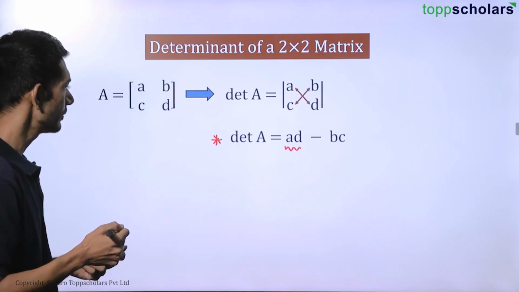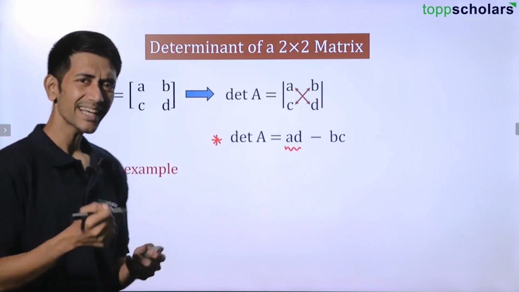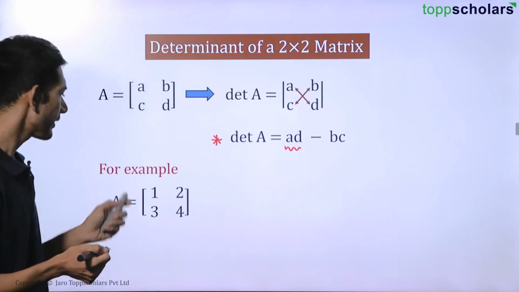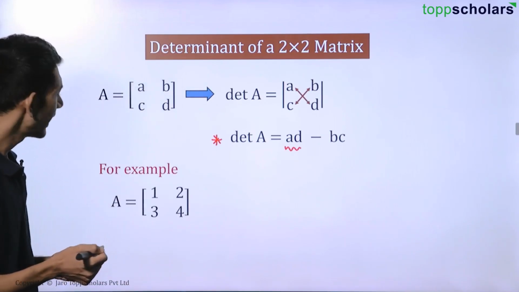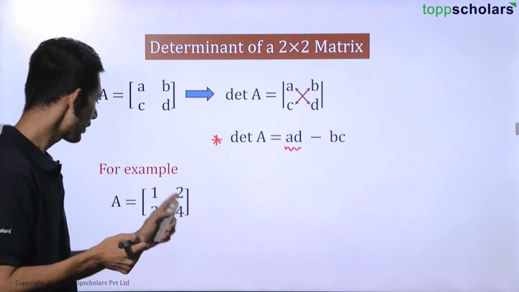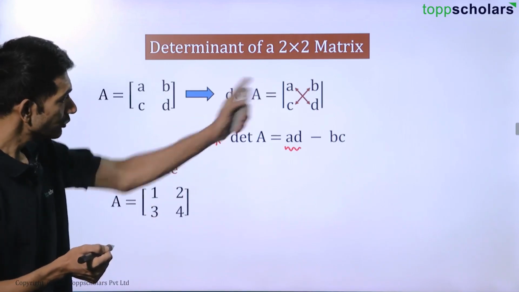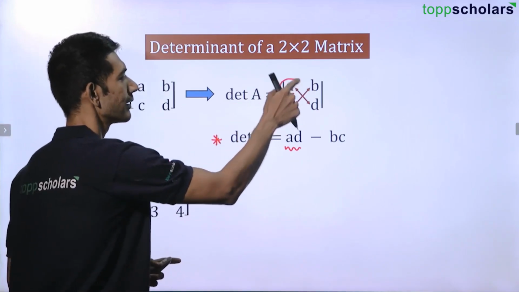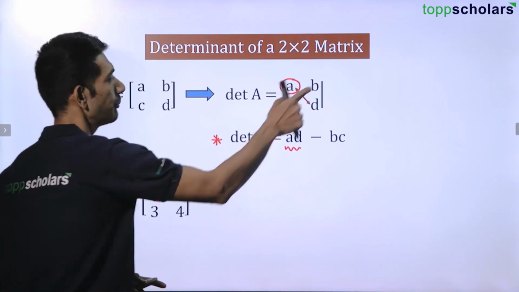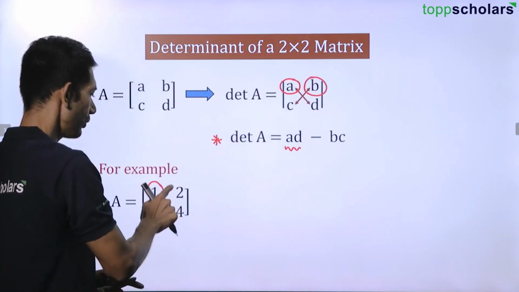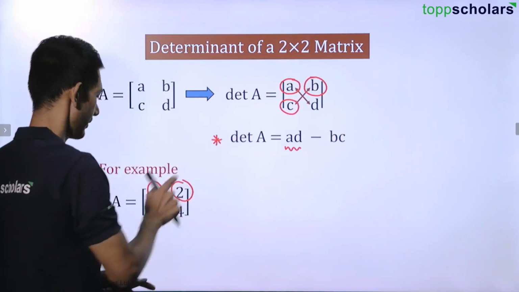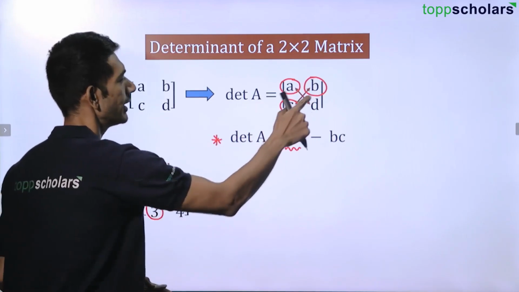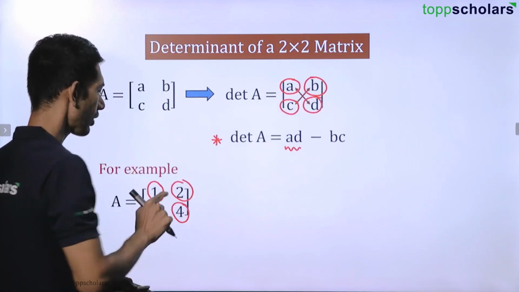Okay, let's continue. Now let us take an example. So here it is. We have a matrix and the elements of the matrix are 1, 2, 3 and 4. So see, your A is 1, your B is 2, your C is 3 and your D is 4. So what are we going to do?